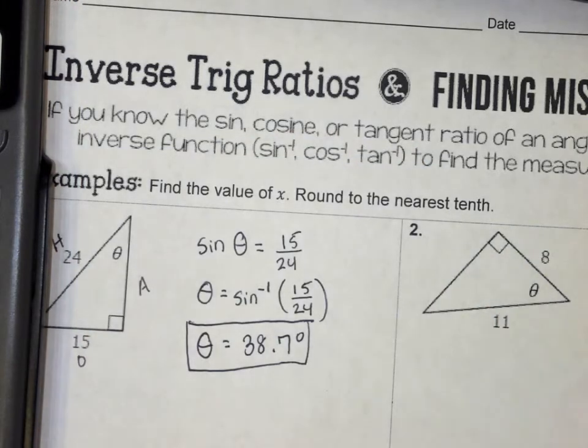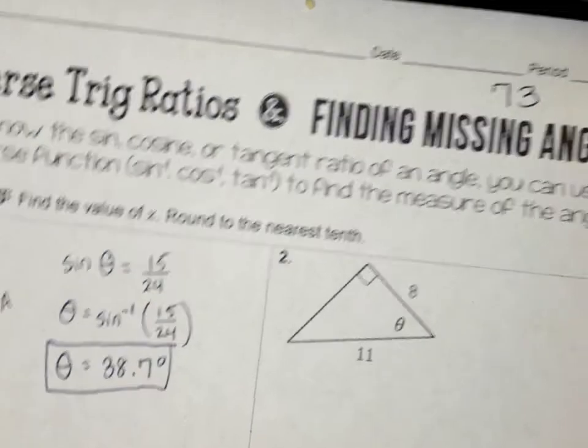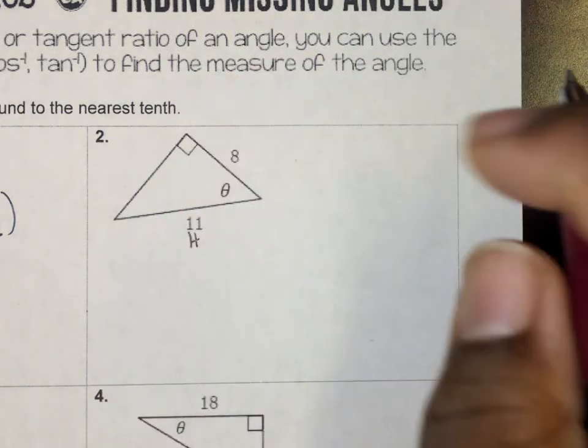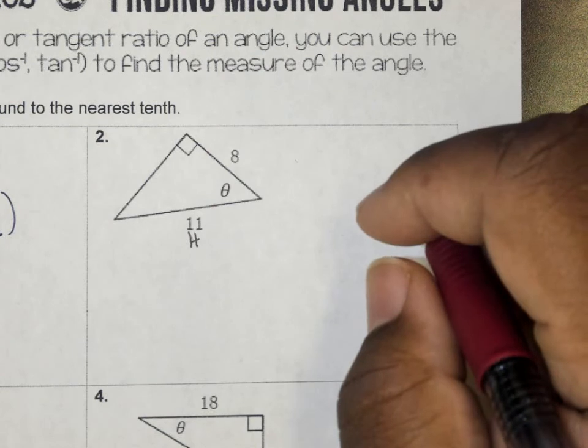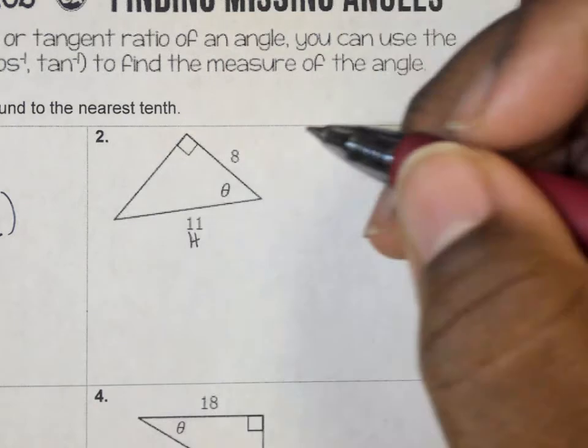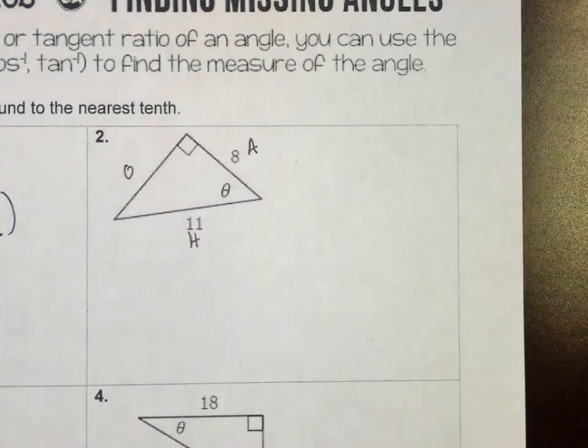Alright. Moving on. Reese, since you wanted to pop in late. Number 2. Same situation as yesterday, Reese. All we're doing is labeling. I just want you to label the triangle for me. 11 is H. Alright, based on the way you label, Reese, which trig function are you using?